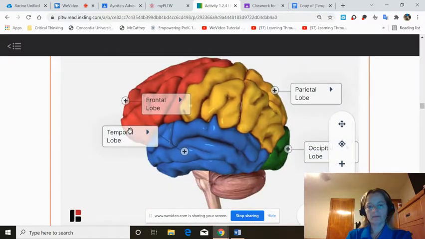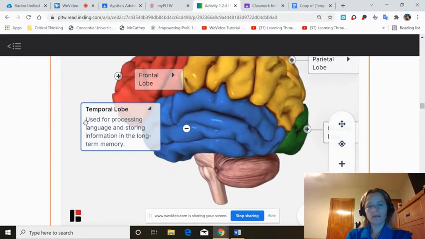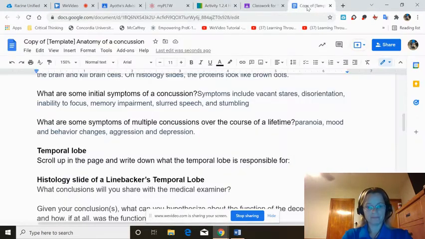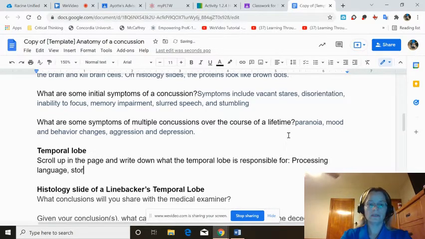Here we go. The temporal lobe. What is it responsible for? Processing language and storing information in long-term memory. Processing language, storing information in long-term memory.